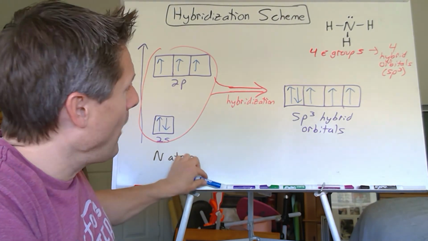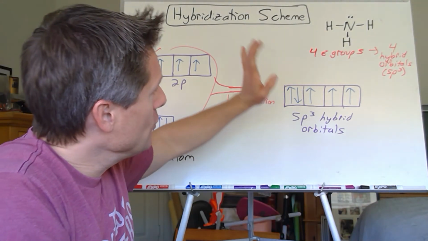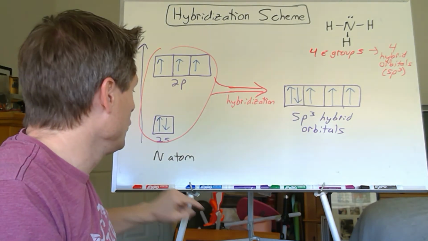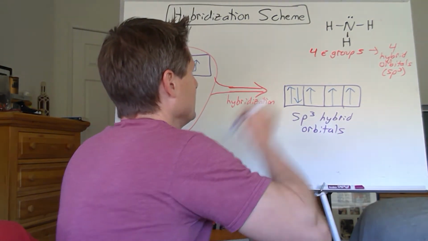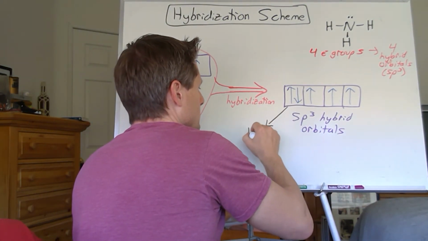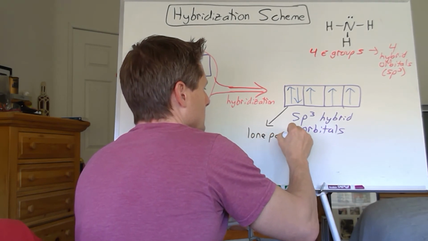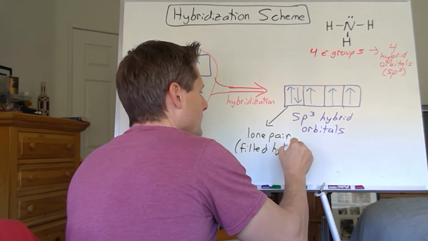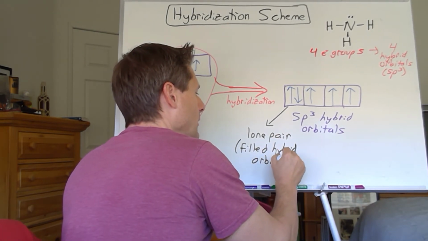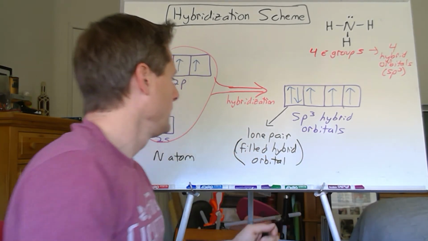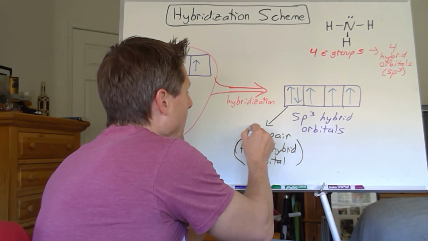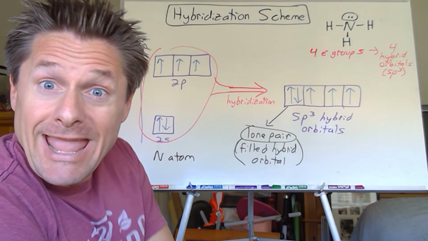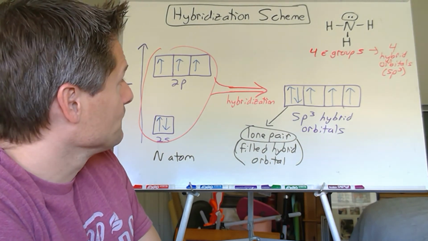That's hybridization. Now, what does this predict? All right. If you see 2 electrons in a hybrid orbital, that is a filled hybrid orbital. That is going to be a lone pair in your Lewis structure. Hey, how do you like them apples, right?